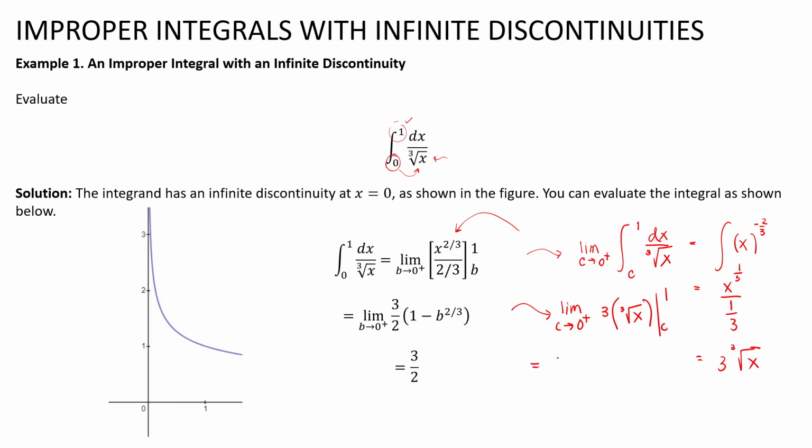So you're going to have the limit of c approaches the right hand of 0. So this will give you 3 times the cube root of 1, which is just 1, and then minus c to the power of 1/3, or the cube root of c.